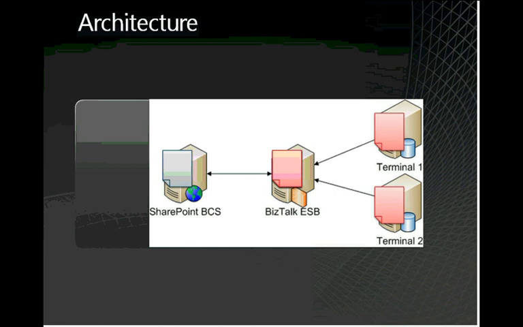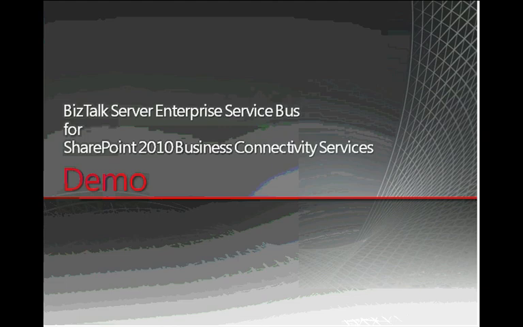The bus will send two requests, one to Terminal 1 and one to Terminal 2, to ask for containers. Both terminals respond. BizTalk will aggregate the results and send back a single result to the SharePoint BCS. And that's the architecture. So right now I'm going to switch screens again and give you a demo of how it all works.